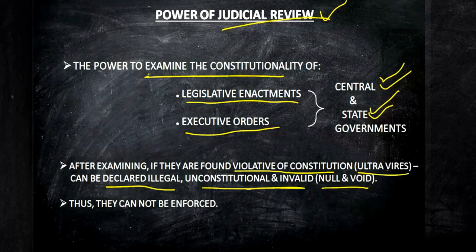So such is the power of the Supreme Court of examining the constitutional validity of a particular issue, and if that issue, order or law is violating the constitution, then it will be declared illegal or unconstitutional. In such a case, that law or order cannot be enforced or implemented. Such is the power of judicial review which the Supreme Court has.